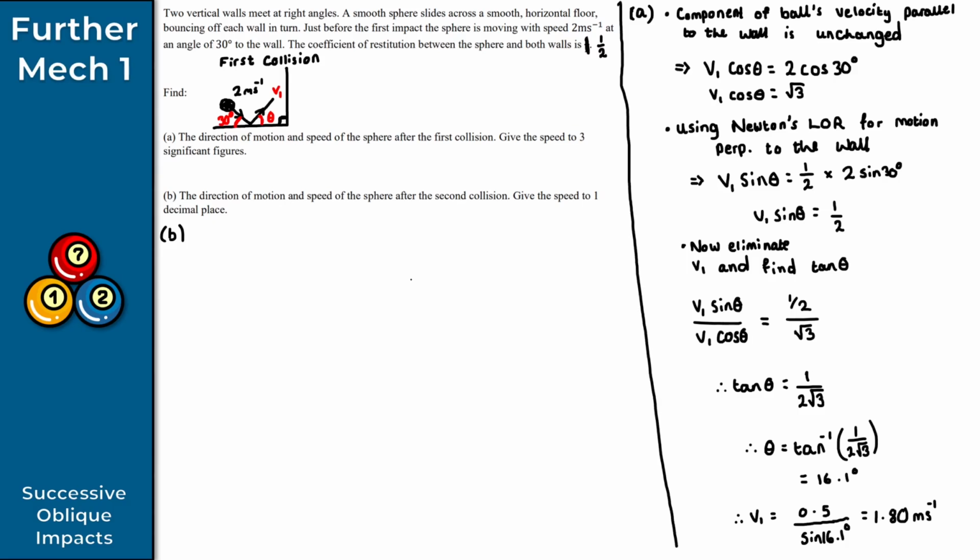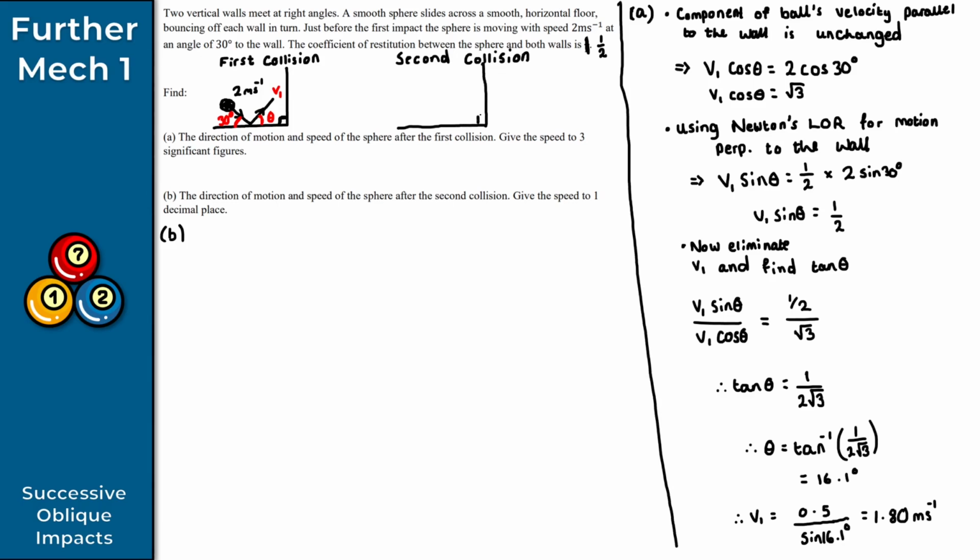For part B then, let's start by drawing our second diagram, for the second collision. Again, we have our two vertical walls which meet at right angles, so it won't look any different on that basis.